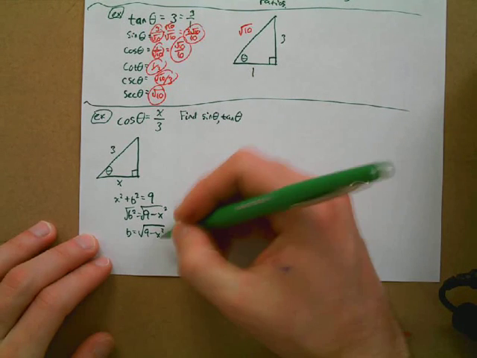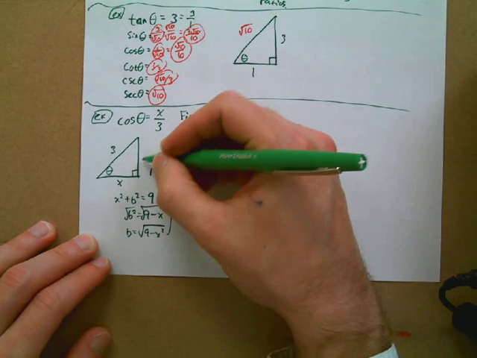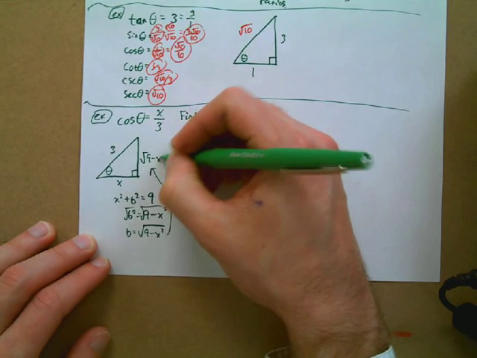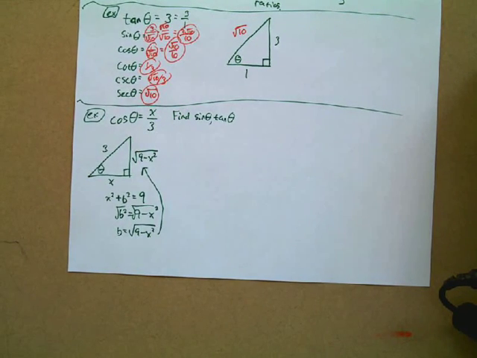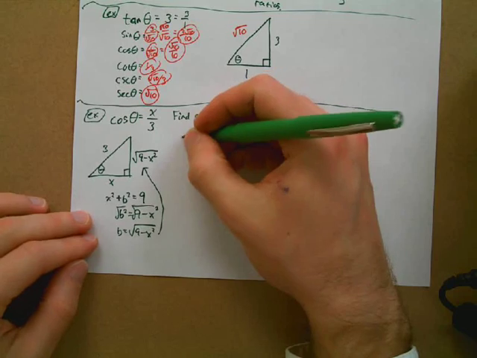But we at least have an expression for that missing side, so now we can find sine and tangent. Whatever that angle theta is, we have no idea what it is, but we can still evaluate sine of theta, which is going to be the opposite leg, square root of 9 minus x squared, over that hypotenuse 3.